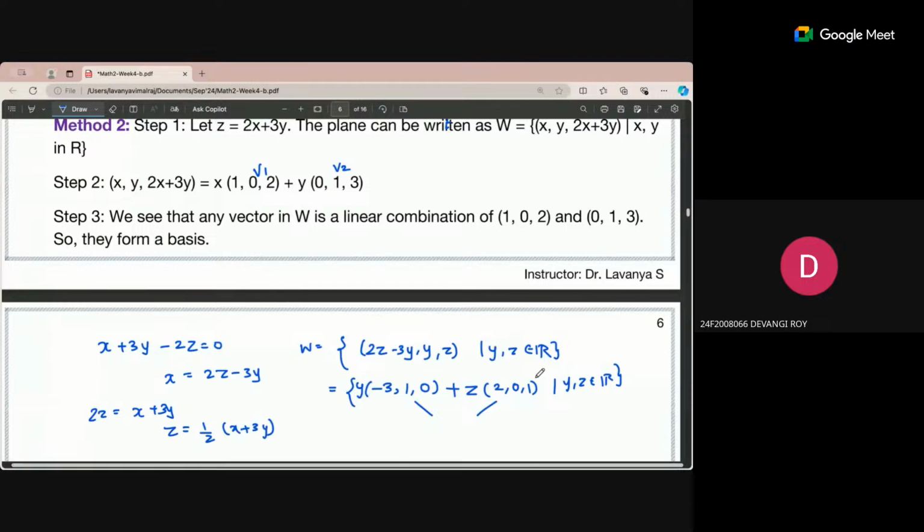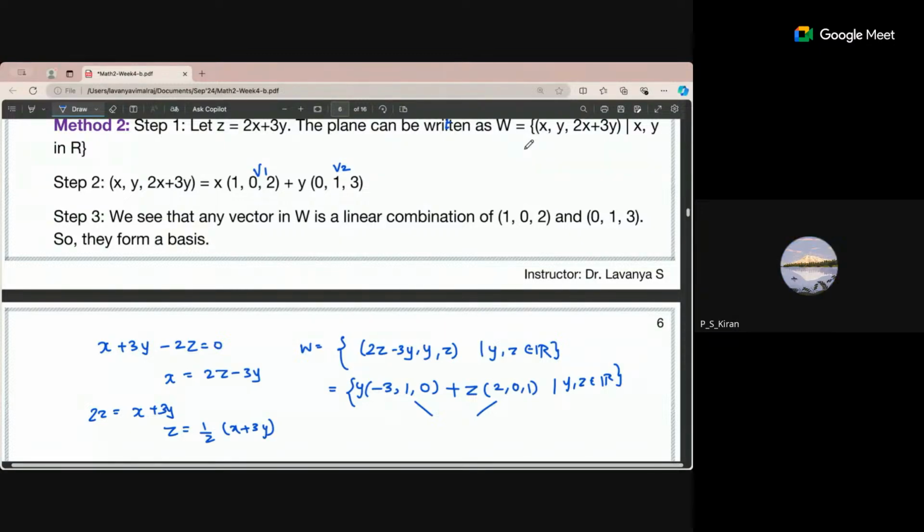Ma'am, can the basis of a vector space have fewer vectors than the dimension? See, the definition itself is that the dimension of W should be the same as the number of elements in the basis. Here W is a plane, so the basis should definitely have two vectors.